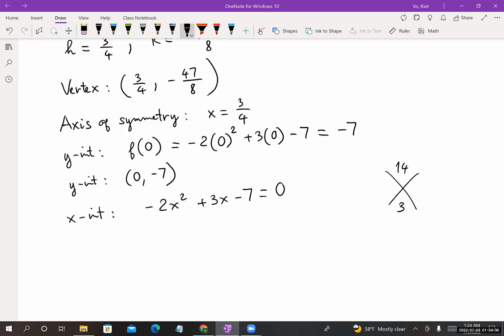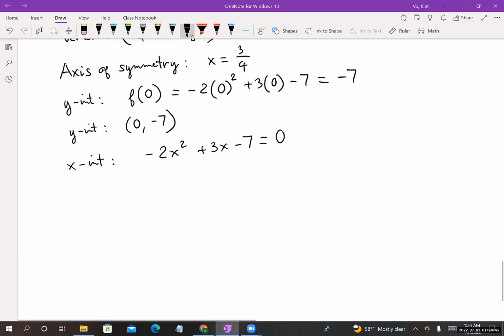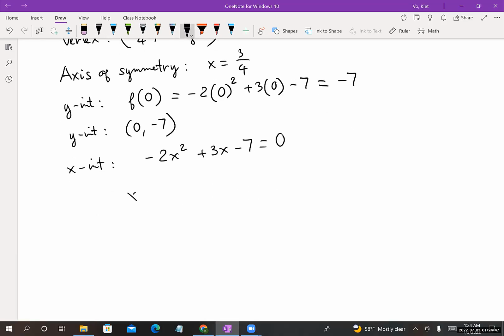No, I cannot find any number where their product is 14 and their sum is 3. So this is not factorable, which means we would have to use the quadratic formula for this.